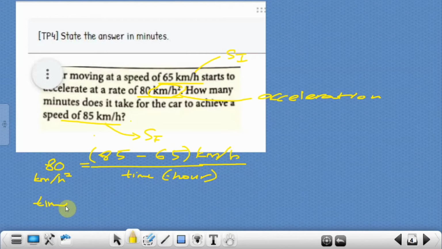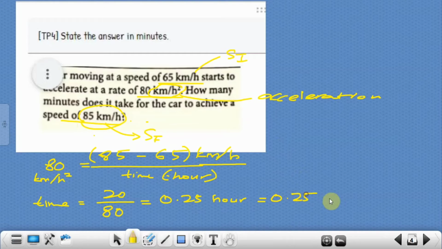Time is equal to 85 minus 65, which is 20, divided by 80. So 0.25 hours. But it needs to be in minutes, so you need to change it. If you want to change it to minutes, you times 60. Then you will get the answer 15 minutes. That's it.